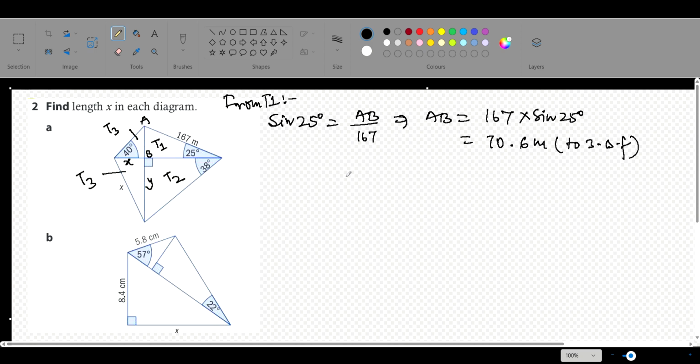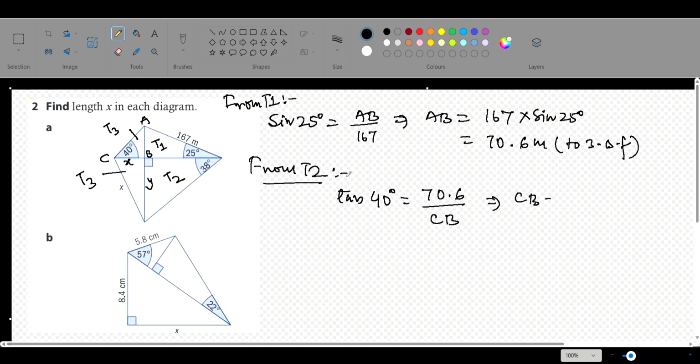So now you have this one AB, which can help you to get, let's say, CB. So we can use here from T2, I'll use tan 40 is equal to opposite, which we just got, upon adjacent, that is CB.